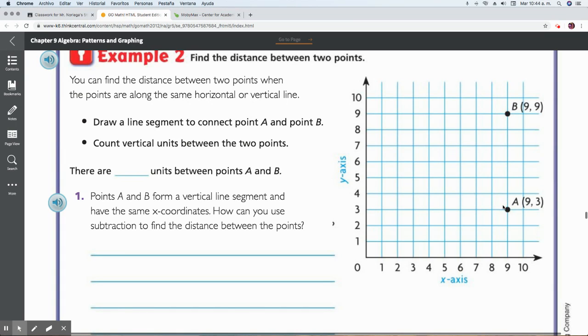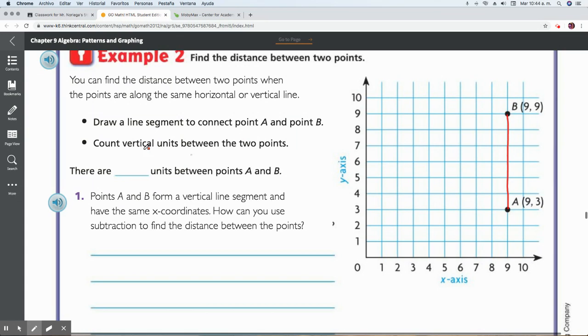If you look at point A and point B, they're on the same vertical line, not the same horizontal line, because A is on horizontal line number 3 and B is on horizontal line number 9. So first bullet: draw a line segment to connect point A and point B. From point A, I'm going to draw a line and connect it to point B.